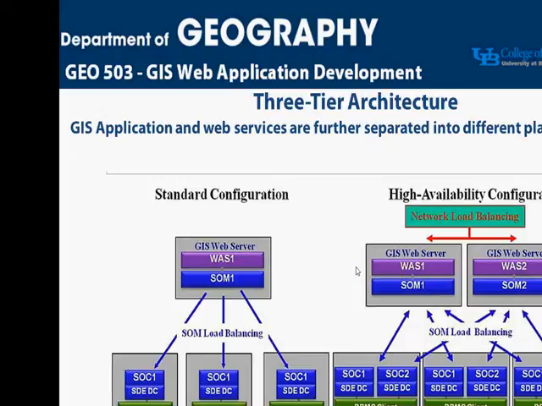The web server still communicates with you, the client, but it's more separated from the GIS application, whereas in two-tier, the web server has the GIS application on it. This is, like I said, just an introduction. You could take multiple courses, I'm sure, in the CS department about these types of things.